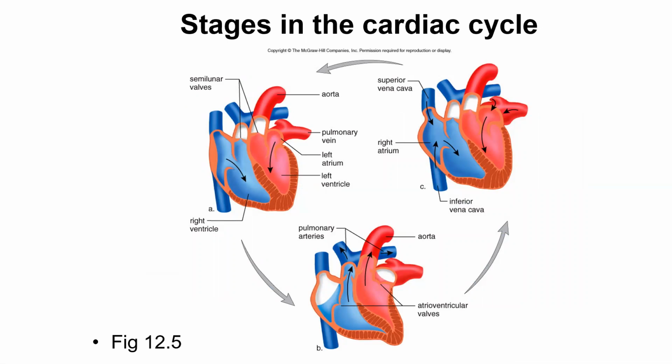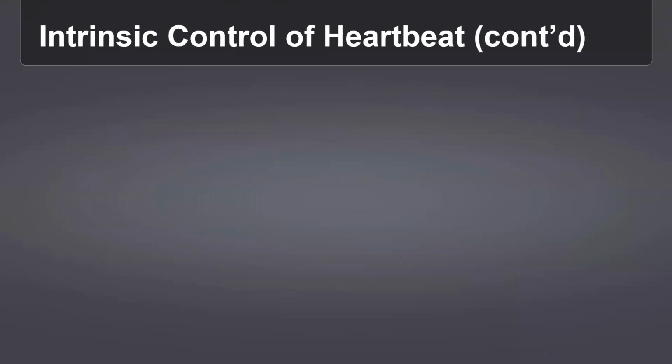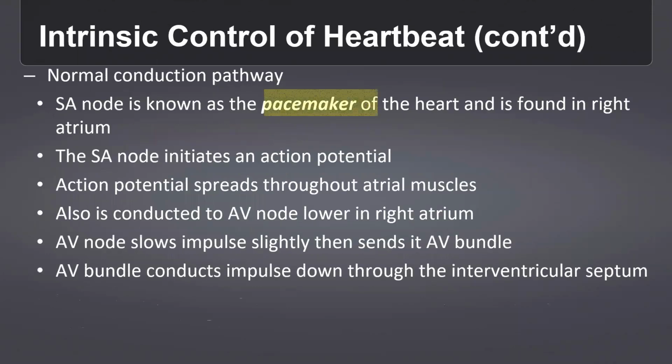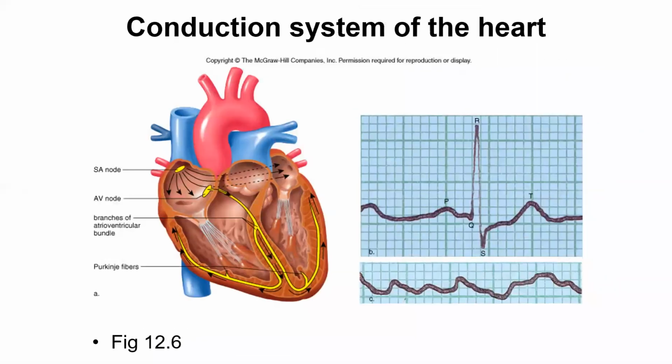So we have the atria contract first, then the ventricles, and then it rests. And that's the stages of the cardiac cycle that I drew earlier. So that's how the heart itself makes electrical signals so that it beats lub-dub, lub-dub, lub-dub, top, bottom, top, bottom, top, bottom. So it all plays a part together.